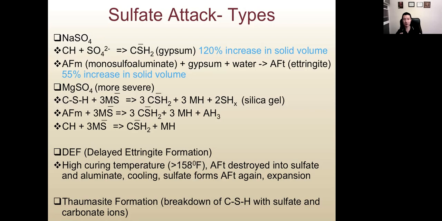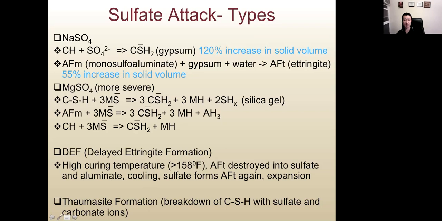These sulfate ions will go to other places, and when the temperature drops, the sulfate will form ettringite again. This will cause expansion in solid volume in some other places and may cause concrete to crack. We call that delayed ettringite formation because the ettringite is dissolved due to high temperature and reformed when the temperature drops.